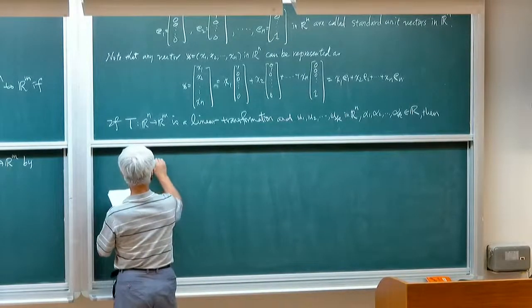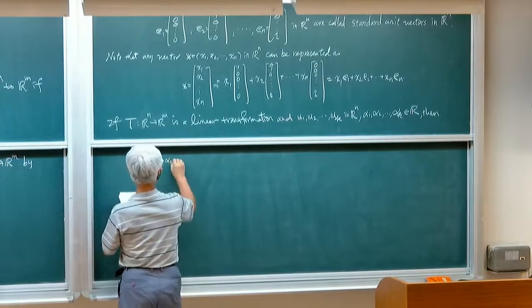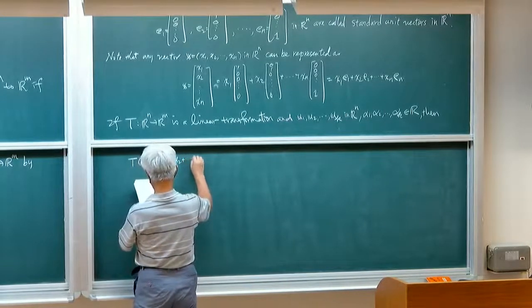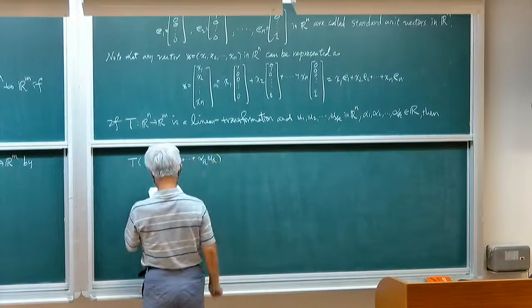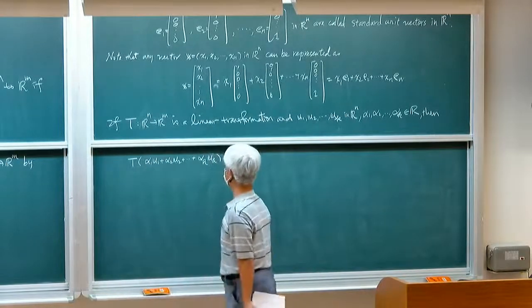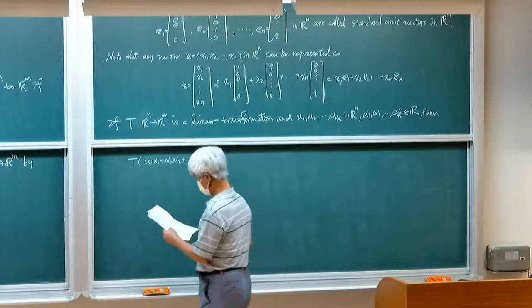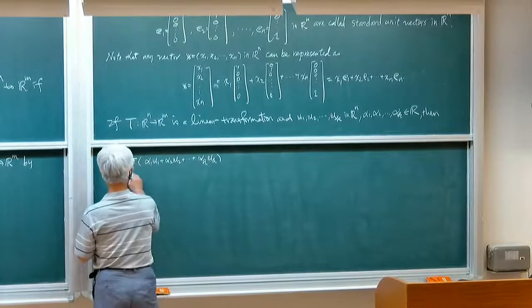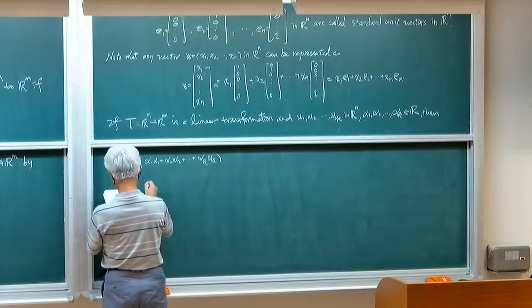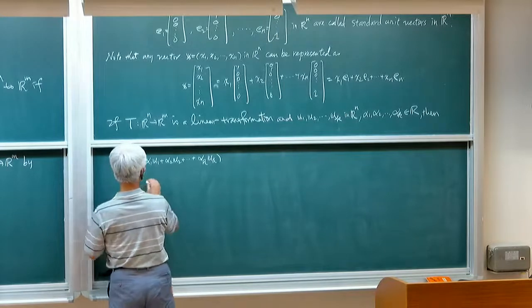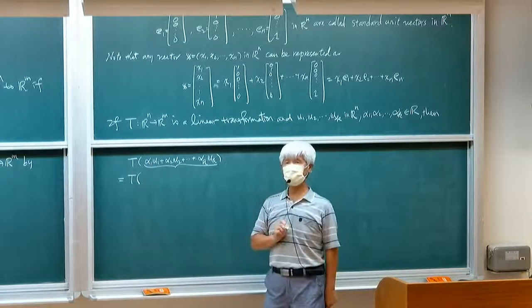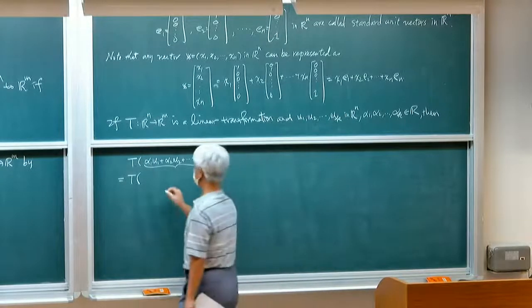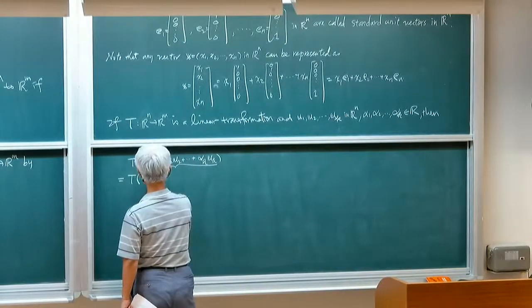So this linear combination can be written as a linear combination of two vectors.